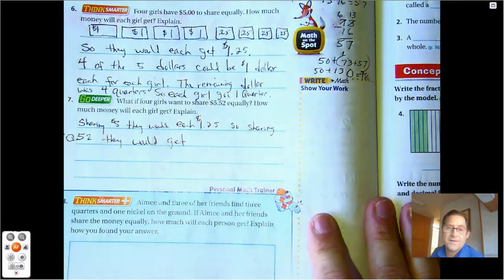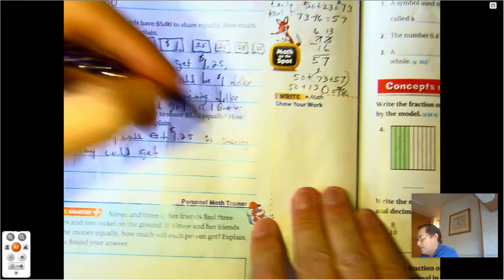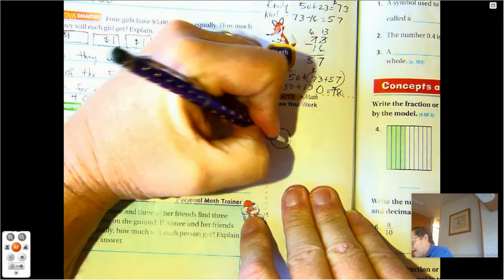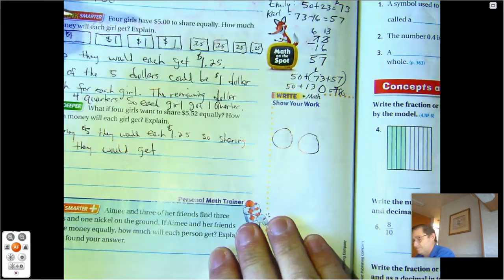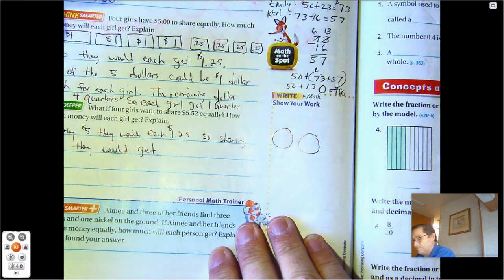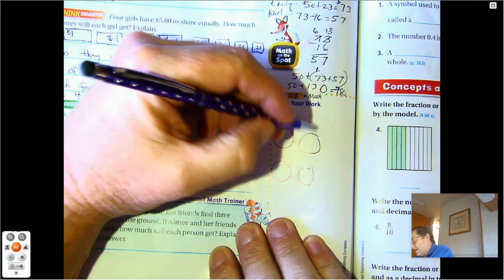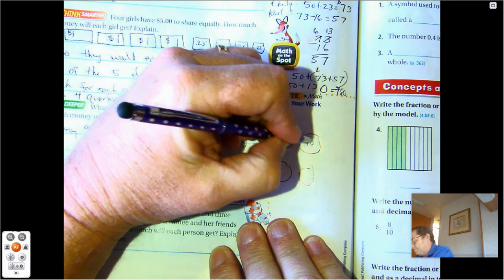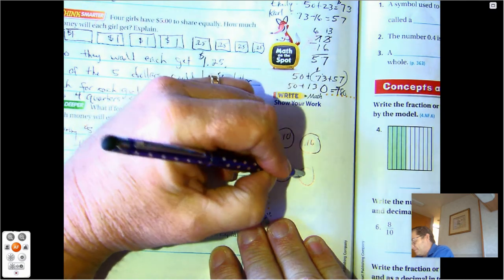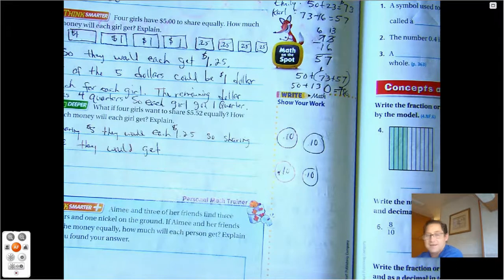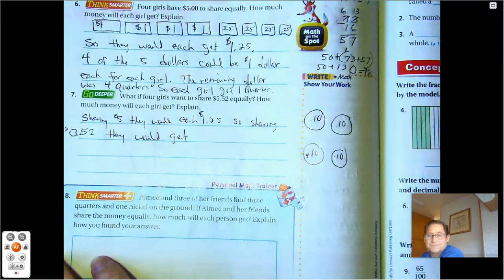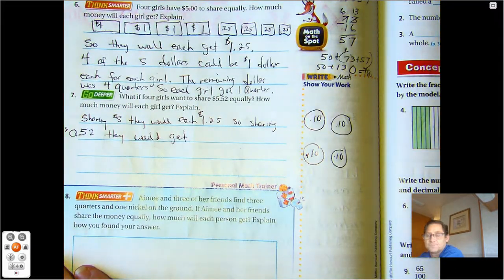All right, so how can we make 52 cents? Well, I can make those dimes, right? Let's make it 4 dimes. Okay, so that's 40 cents. Now I have 12 cents left. 12 divided by 4 would be 3.